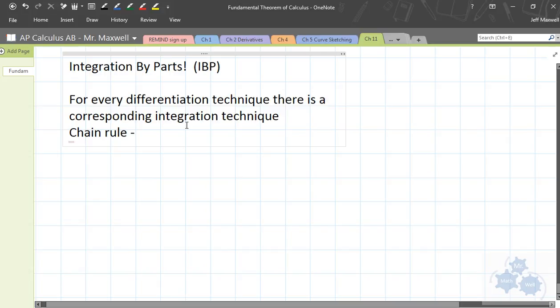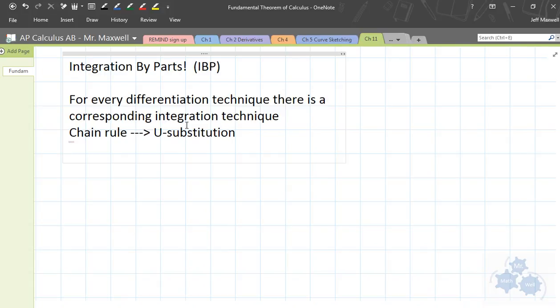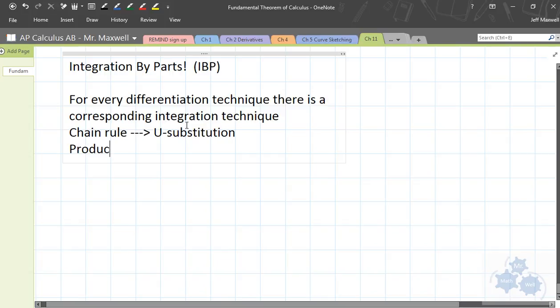We looked at the inner function and we said, how can we undo the chain rule? And that was U substitution, which we just got finished looking at. Integration by parts is sort of the undoing of the product rule.